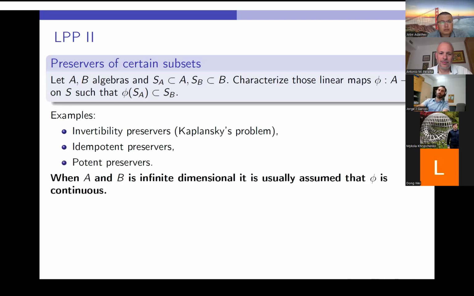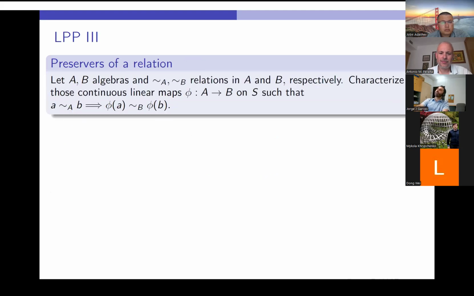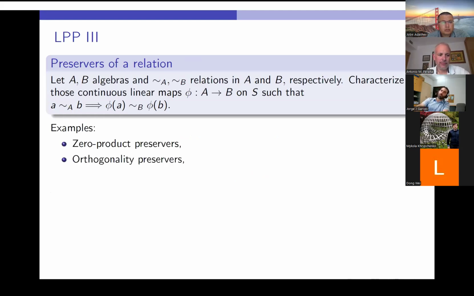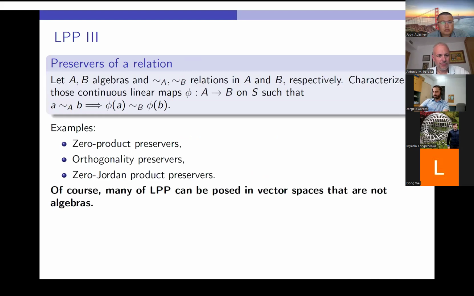Again, in an infinite dimensional setting, some continuity is needed, and preservers of certain relations between the elements of the algebra, such as the well-known zero product preservers, or orthogonality preservers, or Jordan zero product preservers. These are all very classical examples, and they have been studied broadly.